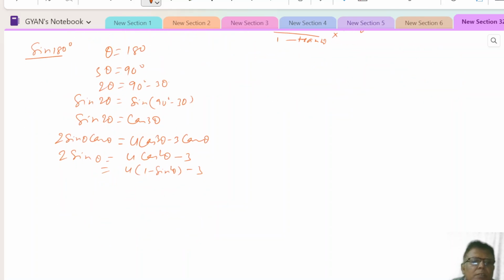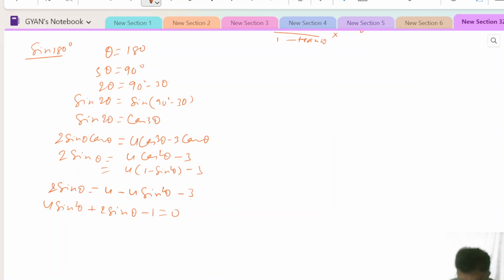Further you solve it. So that is 2 sine theta is equal to 4 minus 4 sine square theta minus 3. So now it will be 4 sine square theta plus 2 sine theta, and this 1 on this side will go and become minus 1.